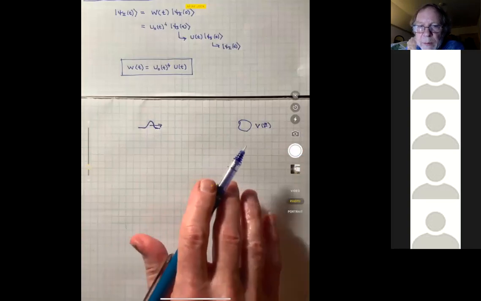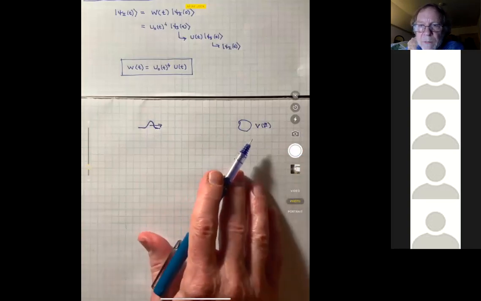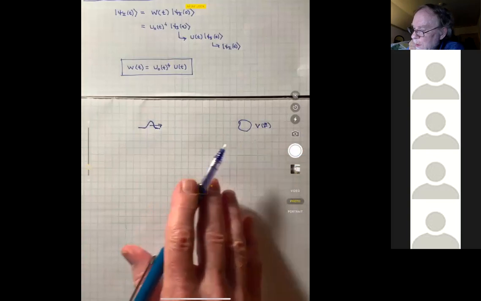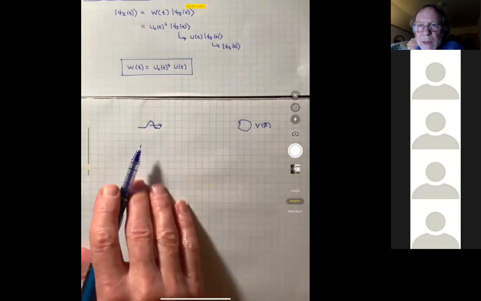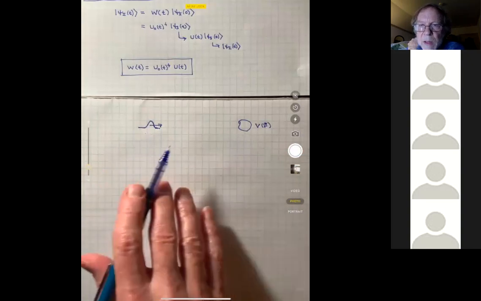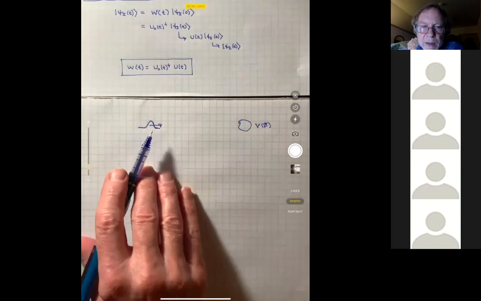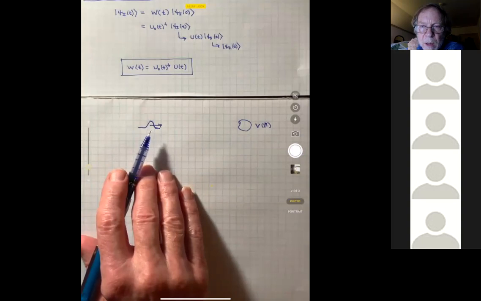Now, in scattering theory, we normally assume that the potential dies off with distance at some rate. It has to die off fast enough. And so, in practical situations, this means that when we launch the wave packet at the potential, we're normally at a sufficient distance that the wave packet does not overlap with the potential at all, or negligibly anyway.